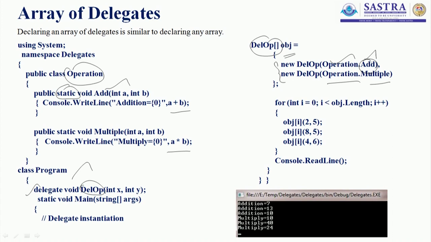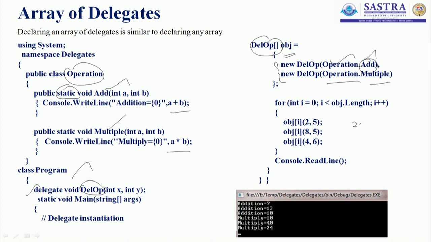And then what is our next job? We want to make use of this. So what we are trying to do, we are passing two arguments, 2, 5. These two things are going to be arguments for both the add as well as multiple method. So first it will be calling the add method. So 2, 5.